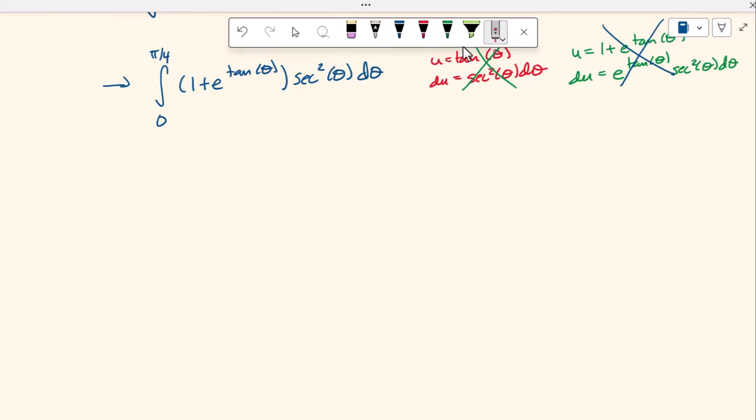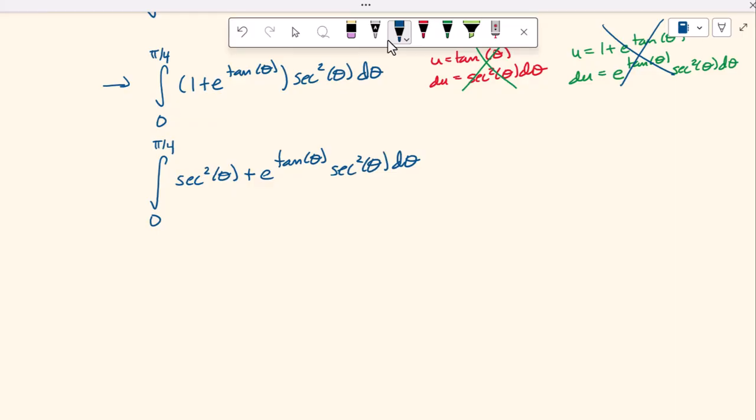I think what we should try is to take this and distribute through and get rid of that binomial times a monomial. So let's rewrite it to see if that gets us anywhere. If I take secant squared and distribute it, I'd end up with just secant squared plus e to the tan theta secant squared theta d theta.